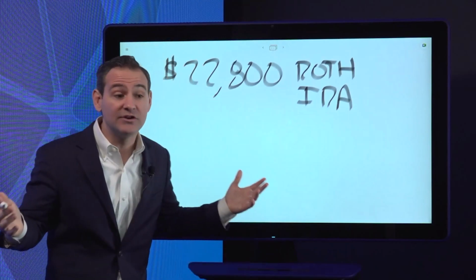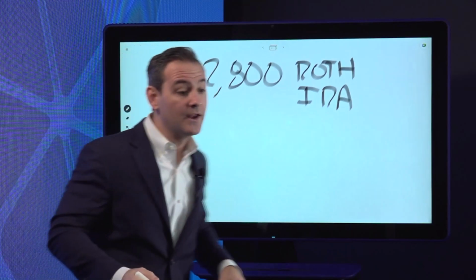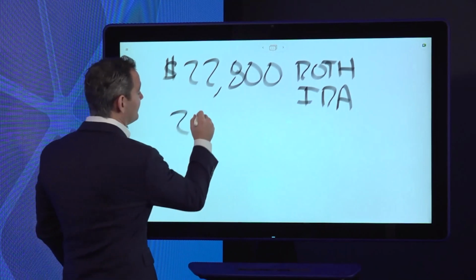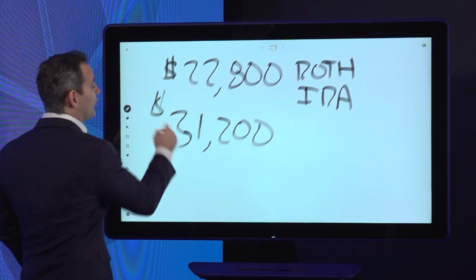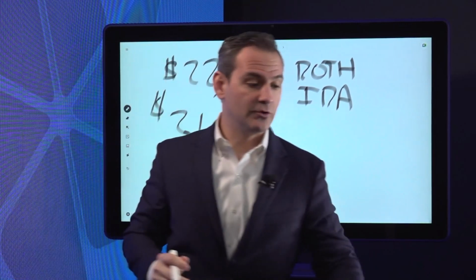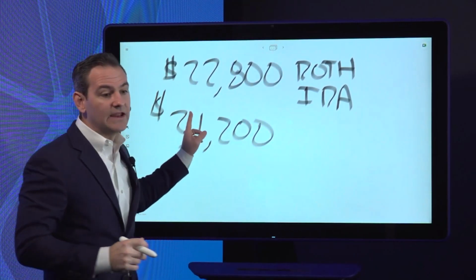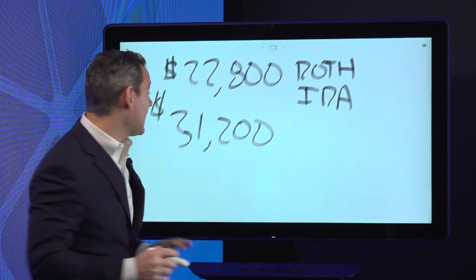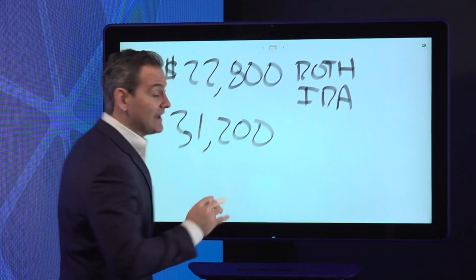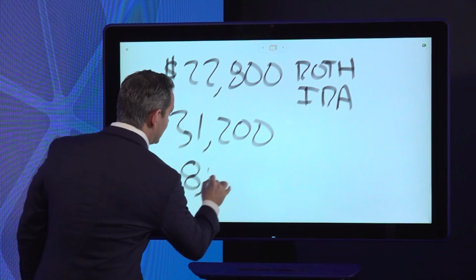So how much is that profit in year one? Well, in year one, they made a gross rent of $31,200. So the gross rents coming in was $31,200. We had $22,800 on the investment, which means the principal came back to the IRA and they made $8,400 in profit.